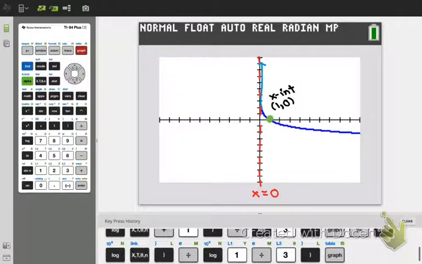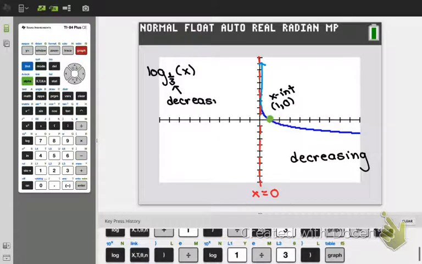But the big difference here is instead of increasing, it is now decreasing. So log base 1/3 of x, this base of 1/3 made it decrease. And let's see, my domain is still 0 to infinity. My range would still be -infinity to infinity.